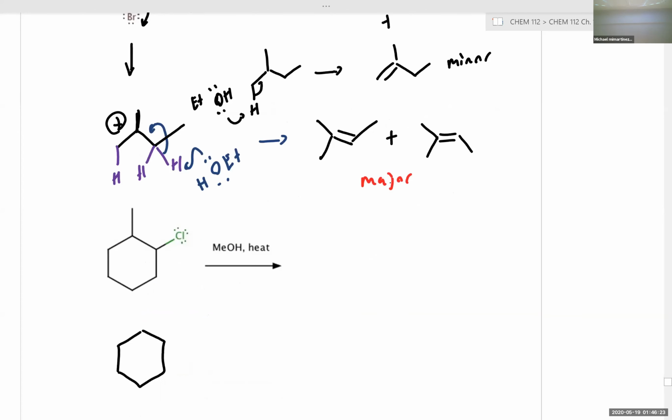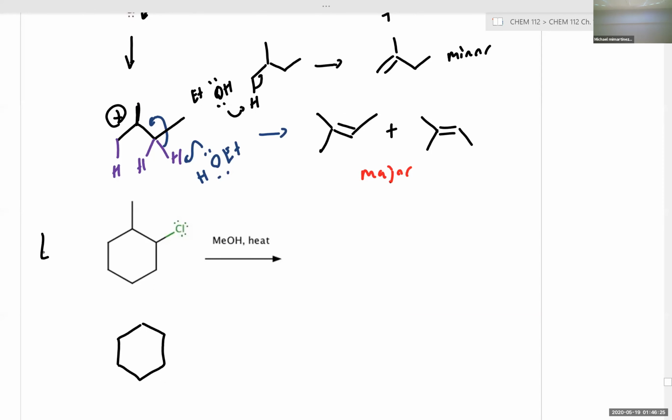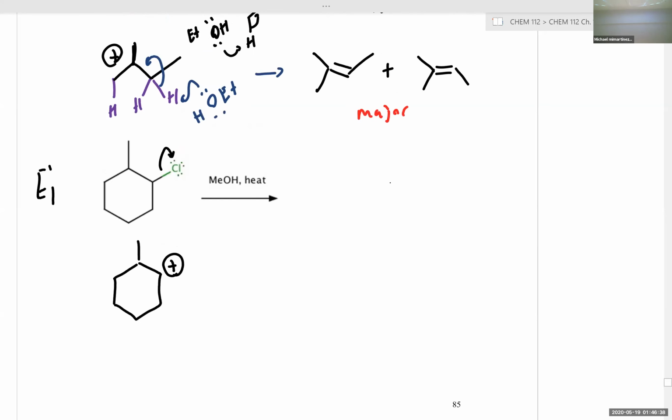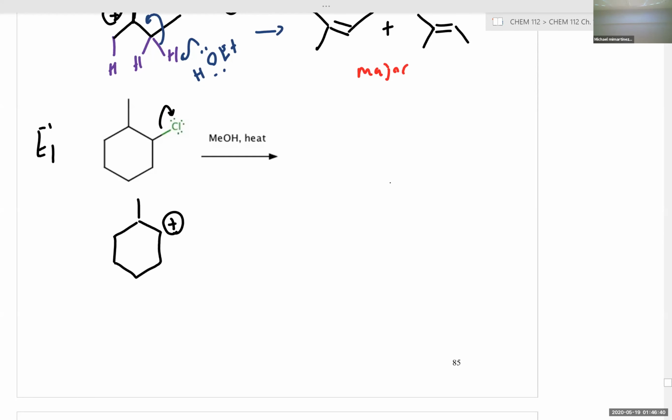Perfect. Okay, so supposing this is an E1 reaction, let's draw our first step, which is loss of our leaving group to make a carbocation. Now this is where things can get a little bit tricky. My question to all of you is, can I make a more stable carbocation?